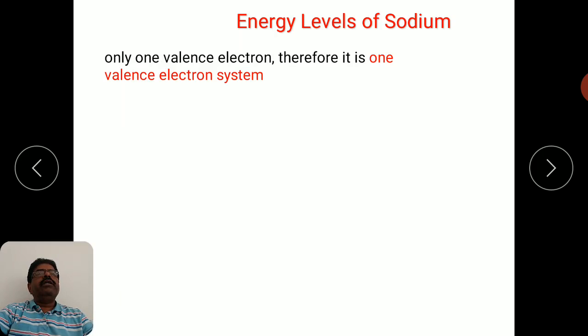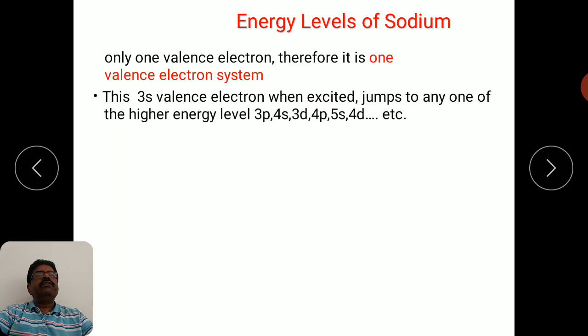So the one valence electron for sodium atom, therefore it is called a one valence electron system.